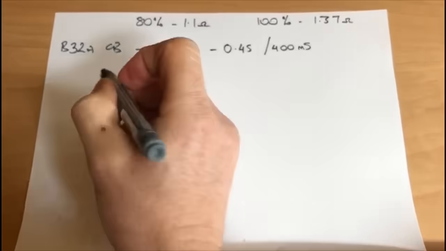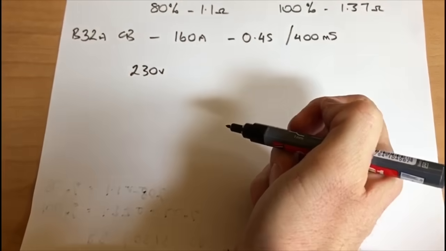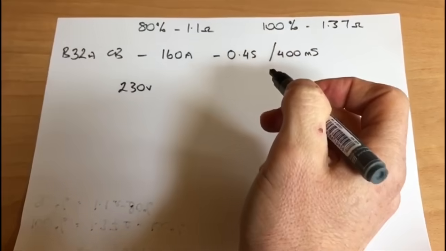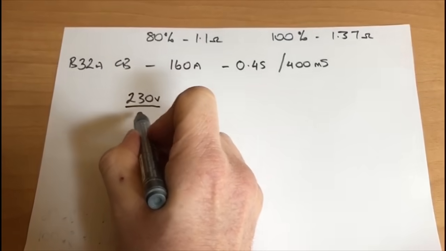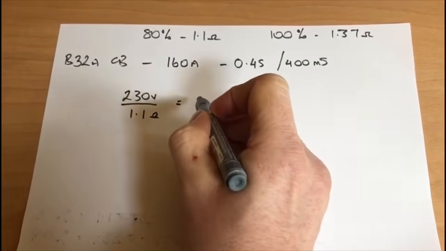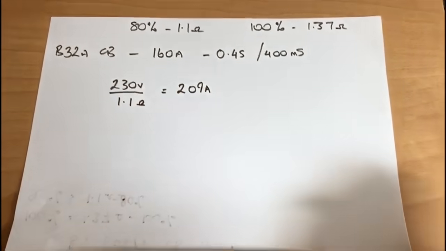Now let's consider the 230 volts, nominal voltage. This time we're going to ignore the C minimum factor, the 0.95 that we've spoken about previously. If we divide that by the 1.1 ohms, that will give us around 209 amps worth of fault current.